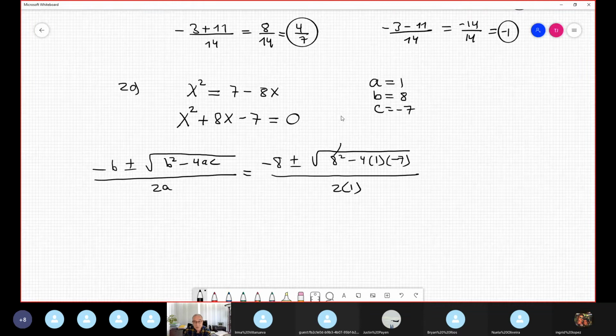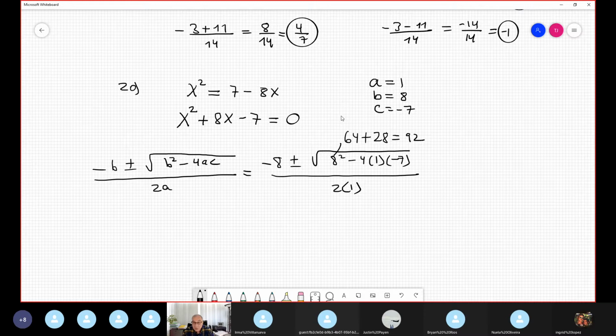This is 64. This is plus. Be careful with the sign, double minus. This is 28. And 64 plus 28 is 92.